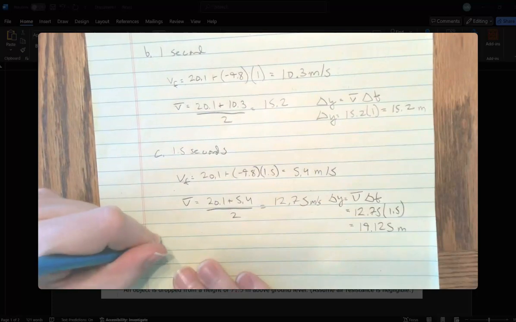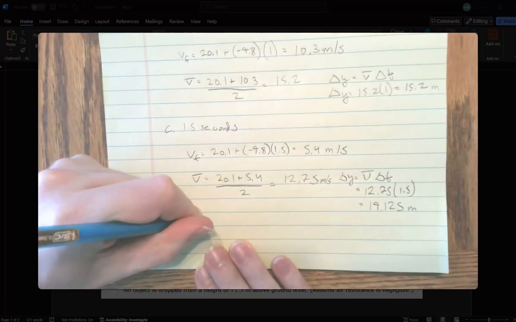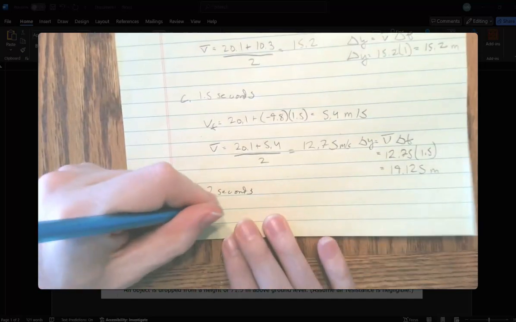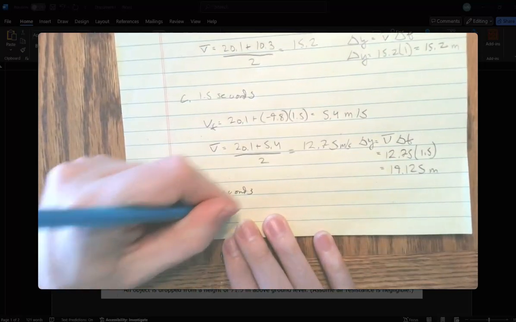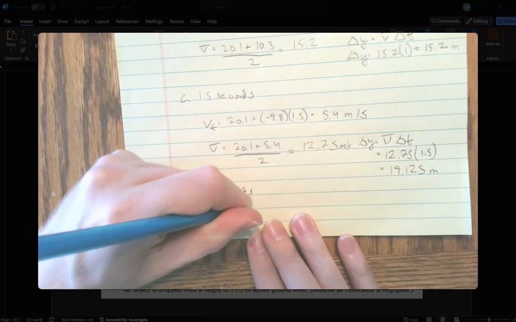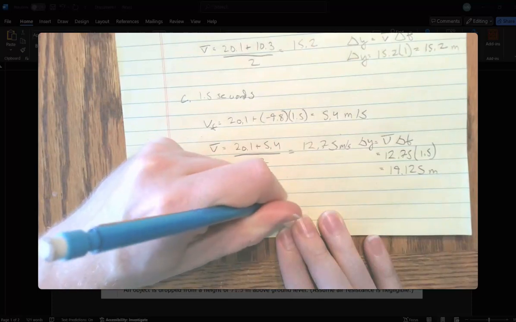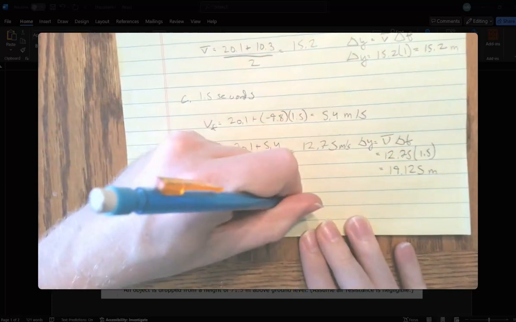And then finally, the last one is after 2 seconds. So again, we have our final velocity is equal to my initial velocity, which again is 20.1, plus negative 9.8 times 2.